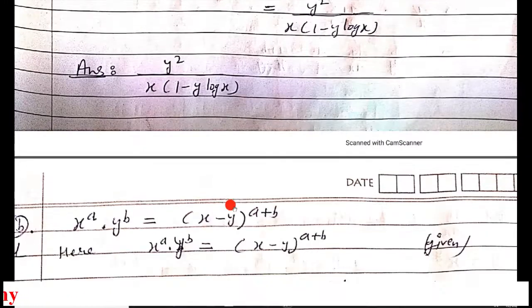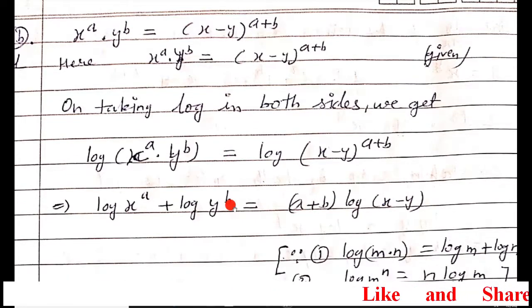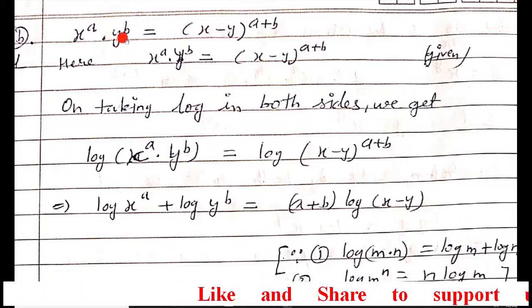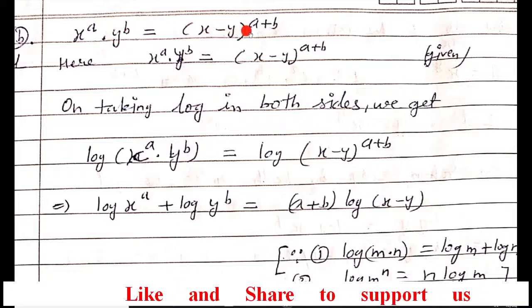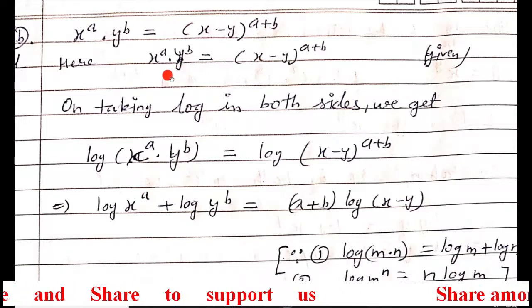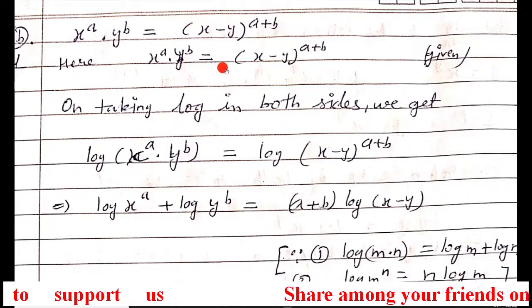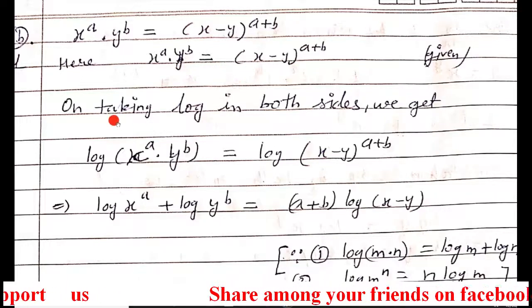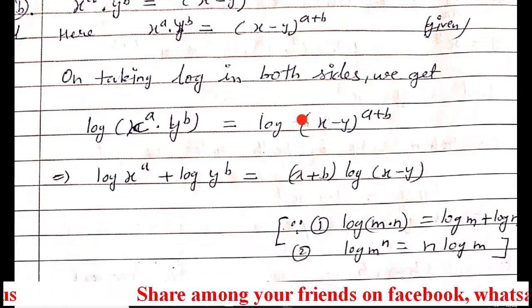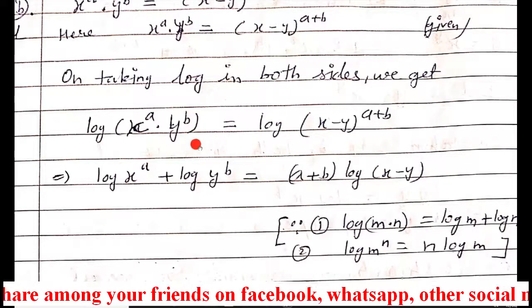Now we'll start part B of the same question number 6. So part B is, you can see the question, x to the power a multiplied by y to the power b is equal to x minus y to the power a plus b. Again you can see that here if we take log, then we can easily solve it. That's why on taking log on both the sides we will get this equation.